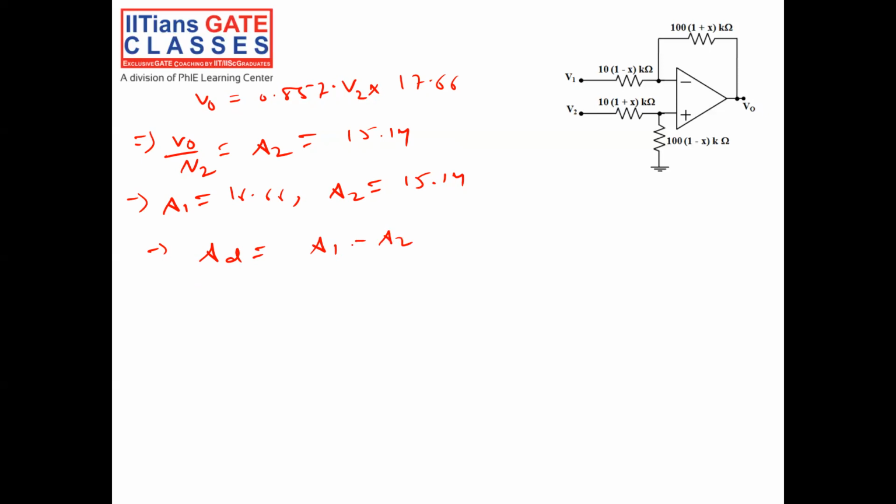AD is given by (A1 minus A2) by 2, and ACM is equal to A1 plus A2. So 16.66 plus 15.14 gives 31.8.